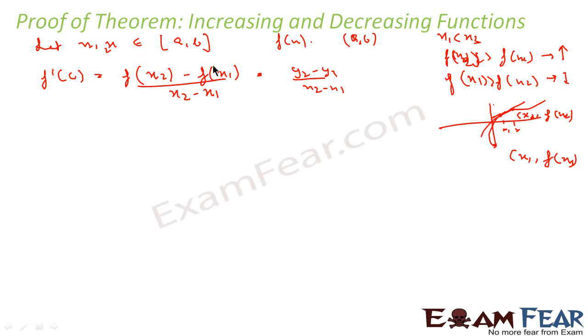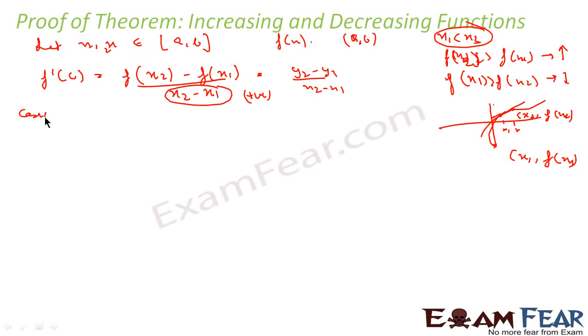Now if this is positive, case 1, this is positive. If this is positive, see x2 minus x1 is always positive, correct? Because x2 is greater than x1. This is always positive. If this is positive, f dash c is positive.